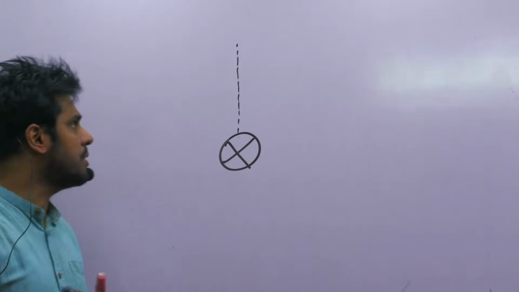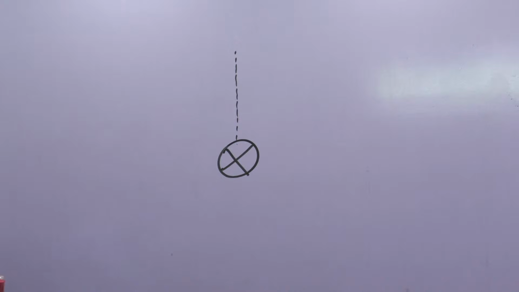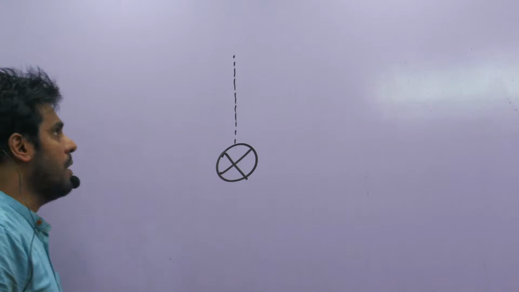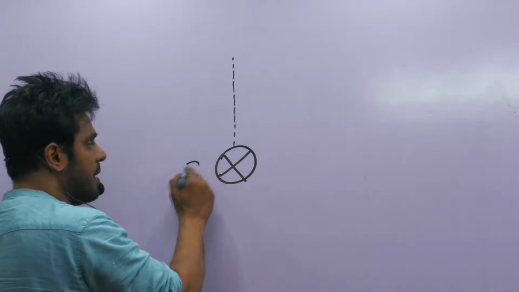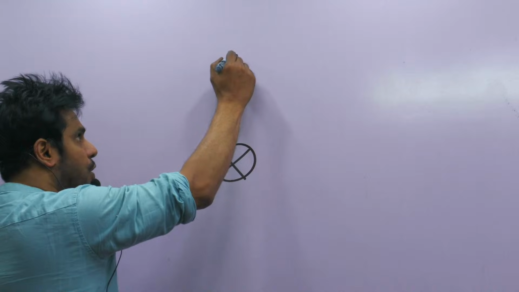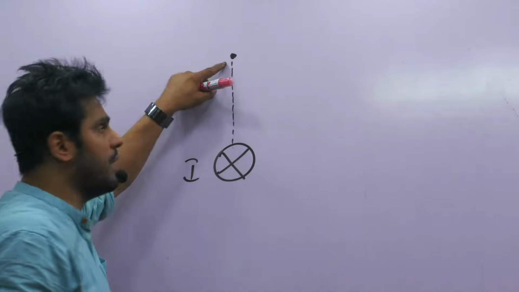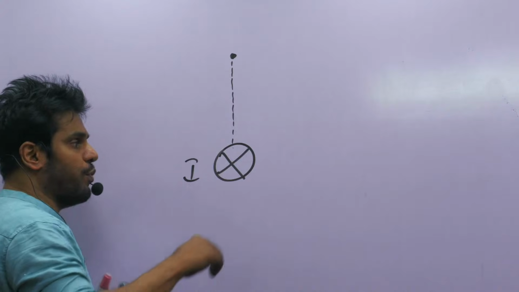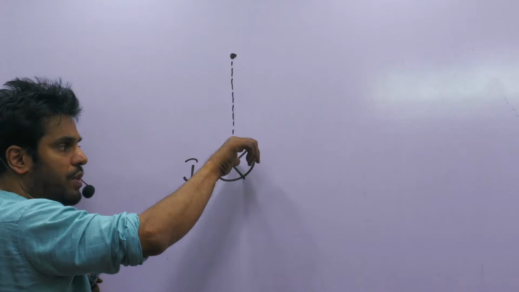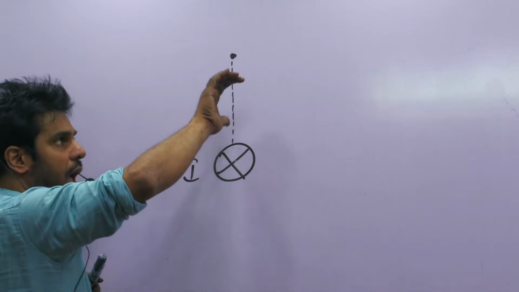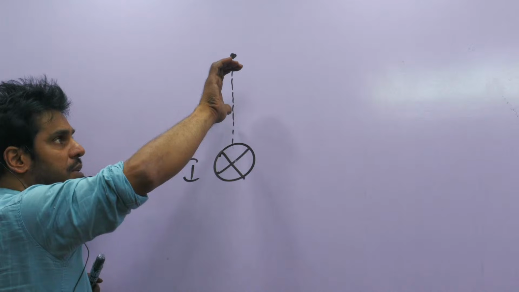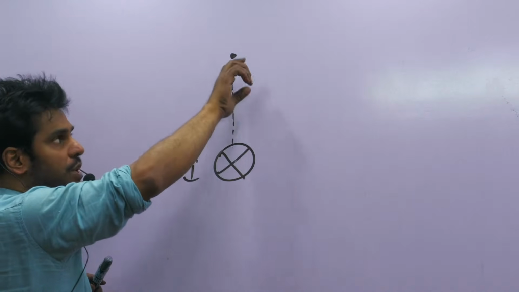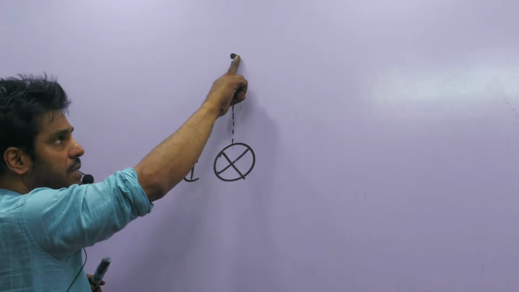You can do it after this example. Now assume this is the direction of current and we are going to find the direction of magnetic field here. Now everyone, keep your thumb in the direction of current first and keep your other fingers to the necessary point like this.